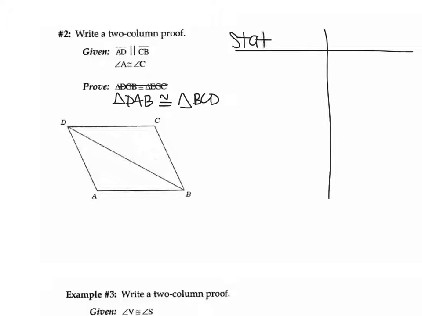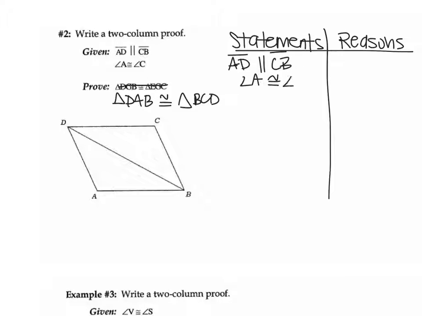We have statements and reasons. So start with our given: AD is parallel to CB and angle A is congruent to angle C. So that's our given information.